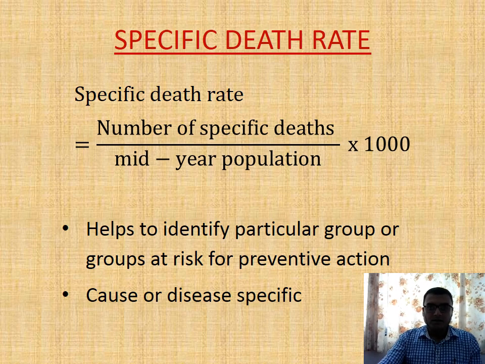Next is the specific death rate. When we are more concerned with the etiology aspect, then the specific death rate should be used. It helps to identify a particular group or a group at risk for preventive action. The formula is the number of specific deaths divided by the mid-year population multiplied by 1000.